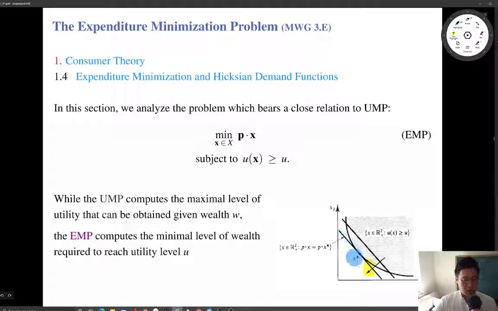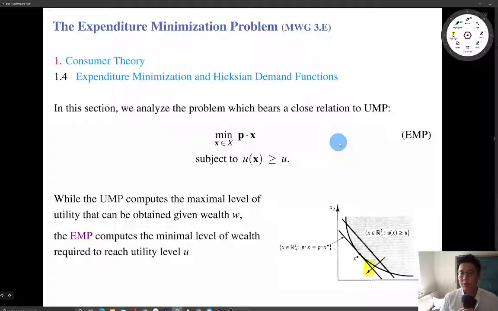Then we adjust the height of this budget line, up or down, to see what is the most efficient way, in the sense that the consumer can achieve the level of utility U at the minimal cost. That gives us the basic idea of the EMP.